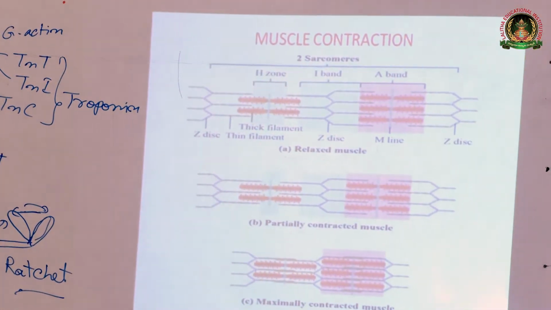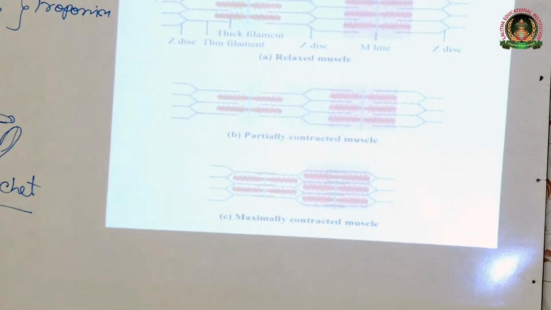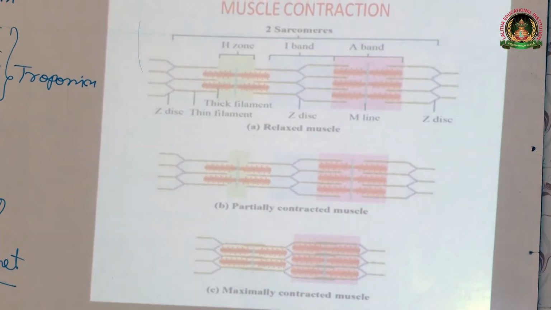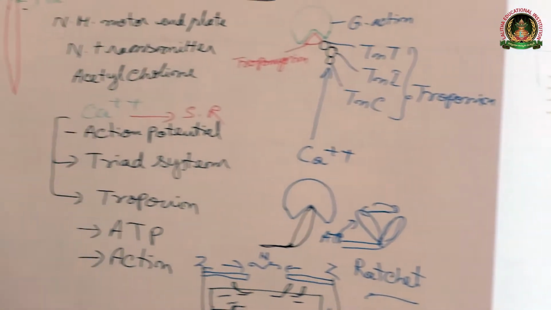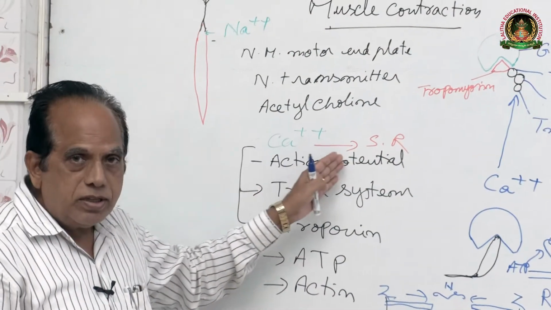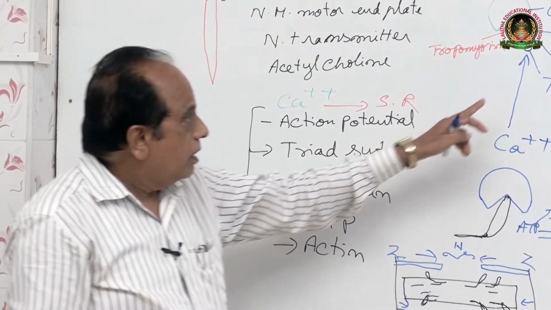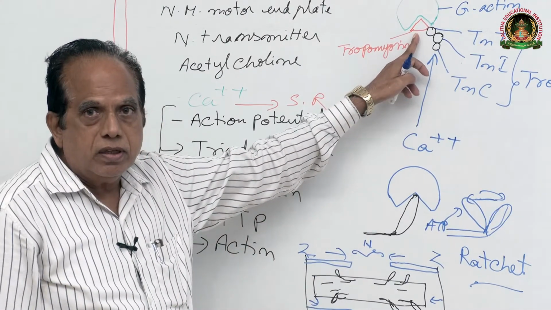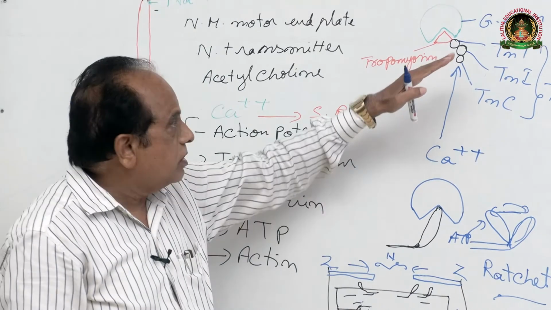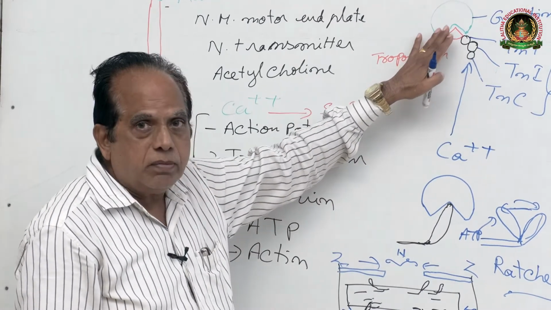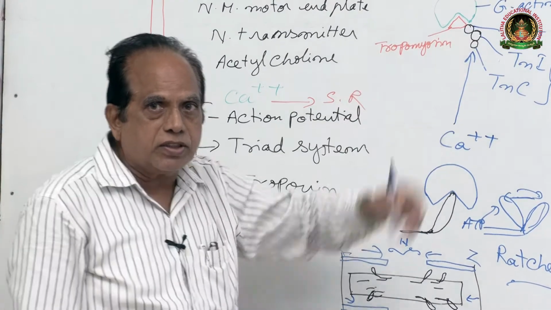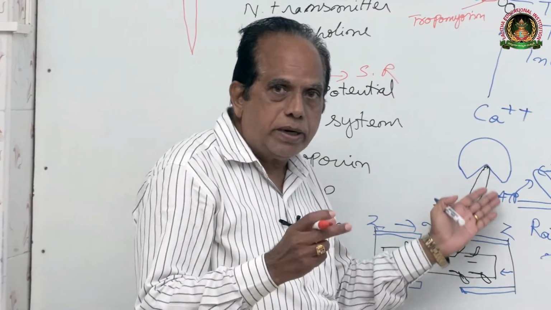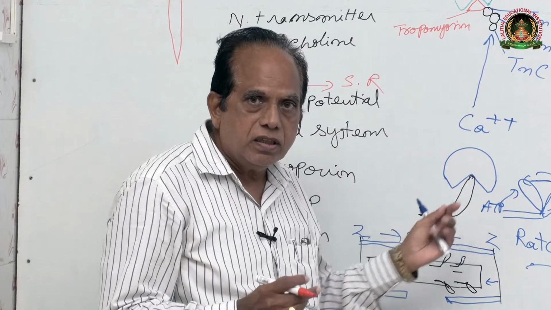And during muscle relaxation, the calcium ions re-enter into the sarcoplasmic reticulum. When there are no calcium ions, the troponin is not in a position to hold the tropomyosin. As a result, the tropomyosin masks the active site of actin, and the cross bridges no more can bind with the active sites.